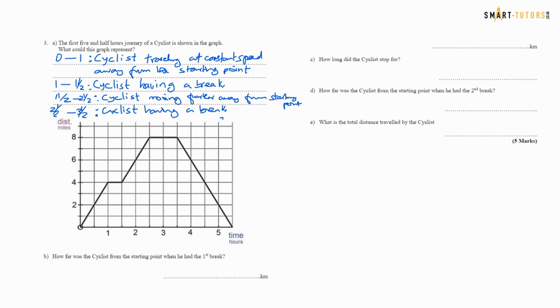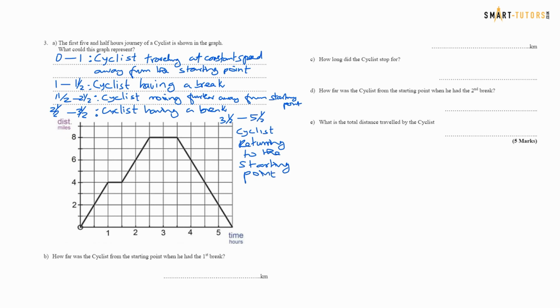Then from the 3.5 to 5.5, cyclist returning to the starting point. First question we already done.